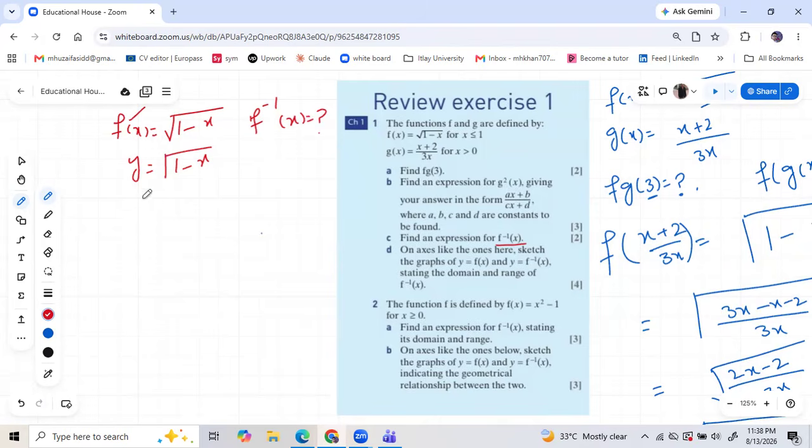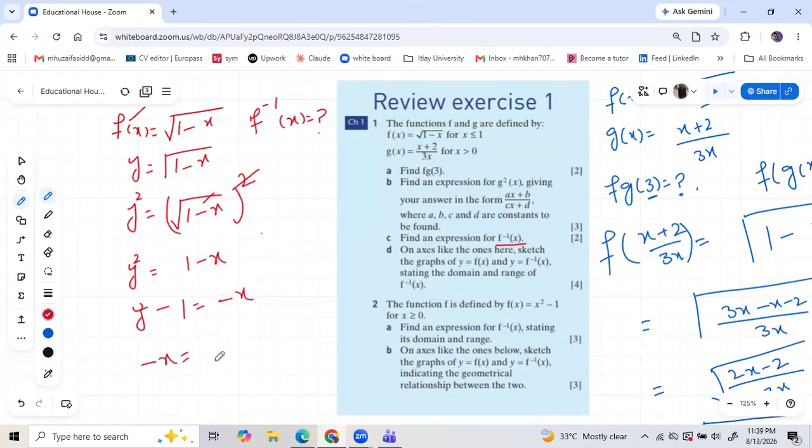Now we are taking the square on both sides. So y squared is equal to the square root of 1 minus x, whole squared. The square cancels the square root, so y squared is equal to 1 minus x. So y squared minus 1 is equal to minus x.